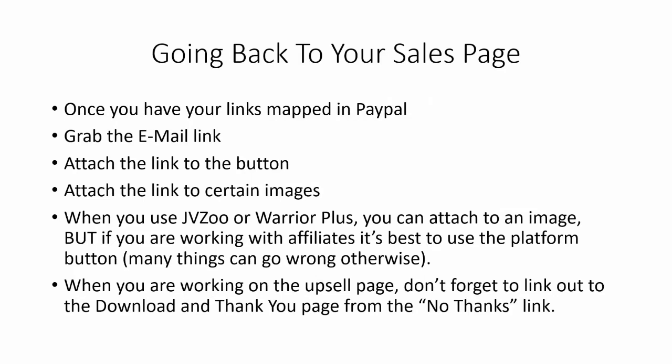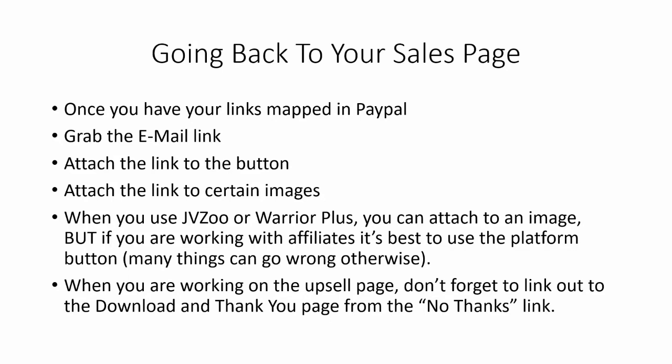Just briefly, I want to talk you through this process. We have this email link that we picked up, and we're going to go back and link it to the button on the sales page. If you decide to use JVZoo or Warrior Plus, I'm going to suggest that you don't try to use those links with your own button. I know people do it.